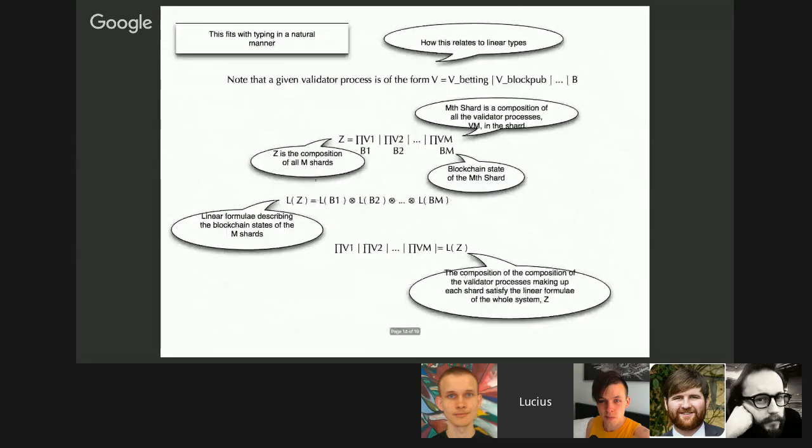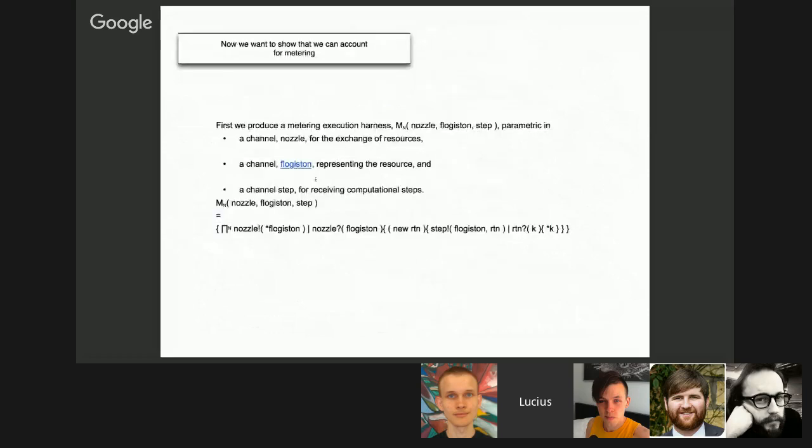Now, if we go further, let's take a look at metering. So I presented this argument at DevCon, so I didn't spend too much time on it, but I've made the notes on this available for some time now, so people can read those. I've simply included them here for completeness.